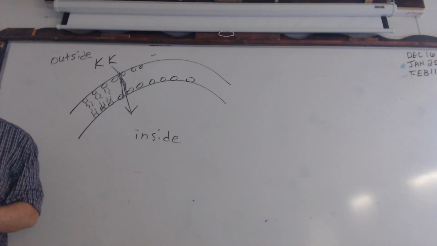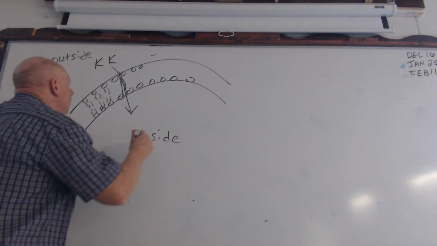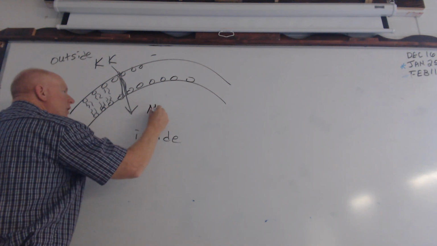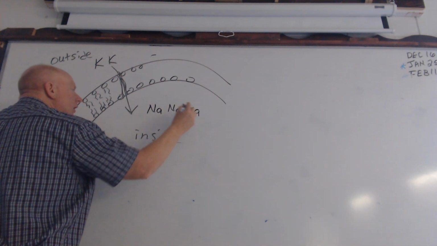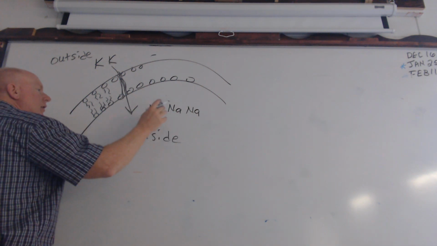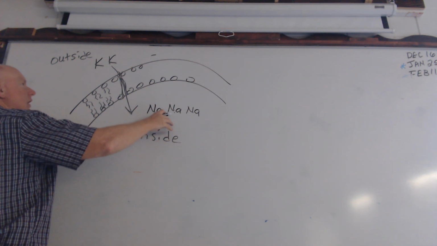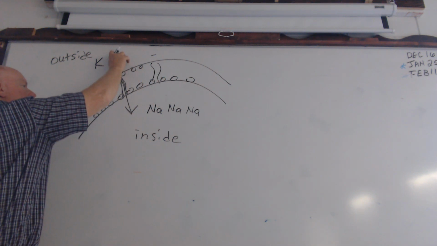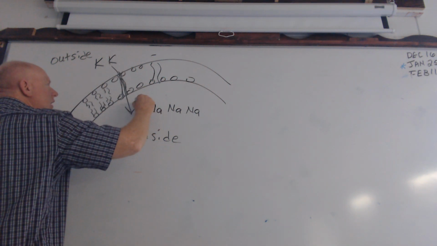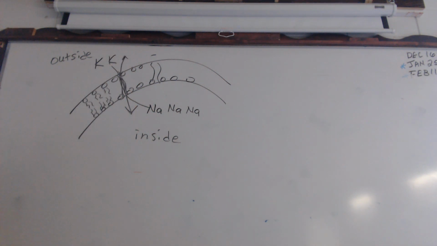Facilitated diffusion will allow that to happen. Okay? Well, if there are 3 sodium ions in here, okay, it's high inside, and then it's low outside. Okay? So this also can diffuse across that channel very easily because it's going from high to low.